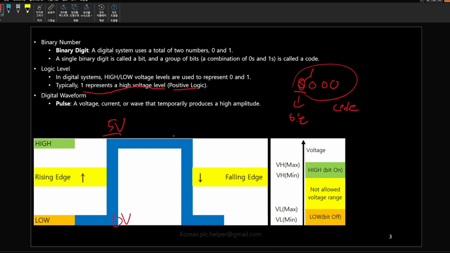When it rises from 0 volts to a certain level, it becomes high at 5 volts. Then it maintains the voltage level before dropping back to 0 volts. This temporary large amplitude voltage or current wave is called a pulse.